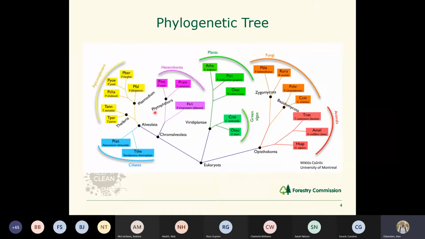Phytophthoras, which are oomycetes, sit in this group. These are water molds, so they're very different in evolutionary terms from fungi. They don't produce fruiting bodies in the same sense that you would expect from mushrooms. They produce spores, and we'll look at that in a moment.